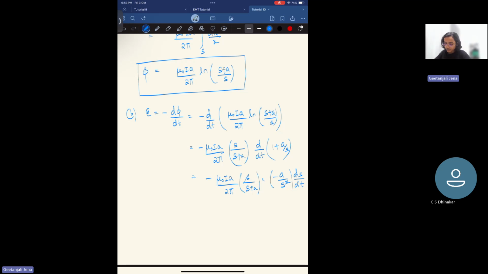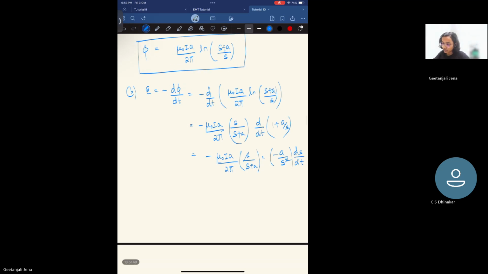So the EMF is minus mu naught I a squared by 2 pi s times s plus a, times v.